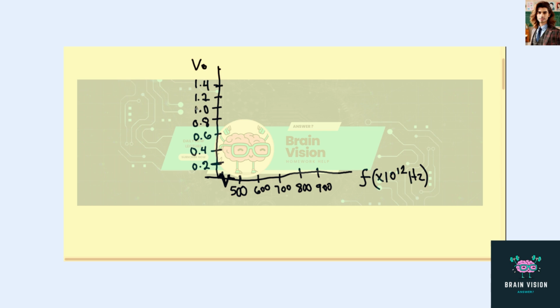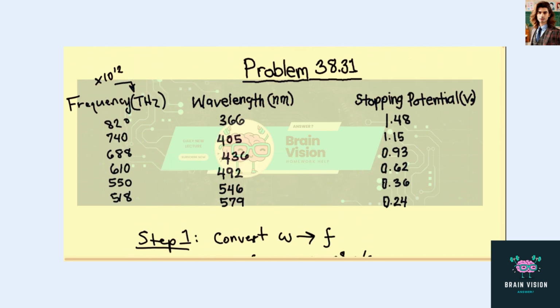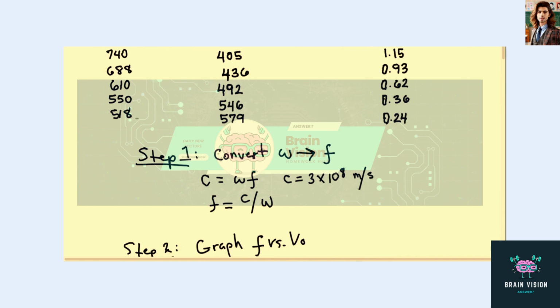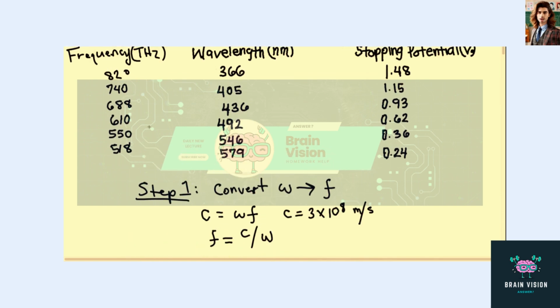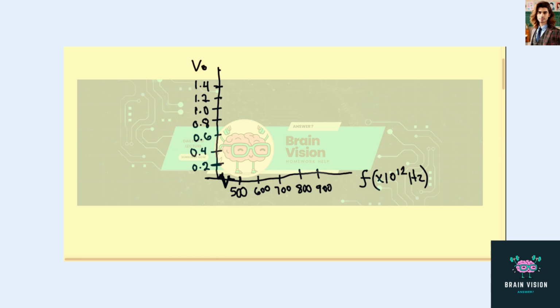Okay, so let's plot our data, and I'll plot it and I'll speak afterward so that we can go by fast. But for the first one, actually, I'll just say we have 518 terahertz corresponding to 0.24 volts for our stopping potential. It's about there.